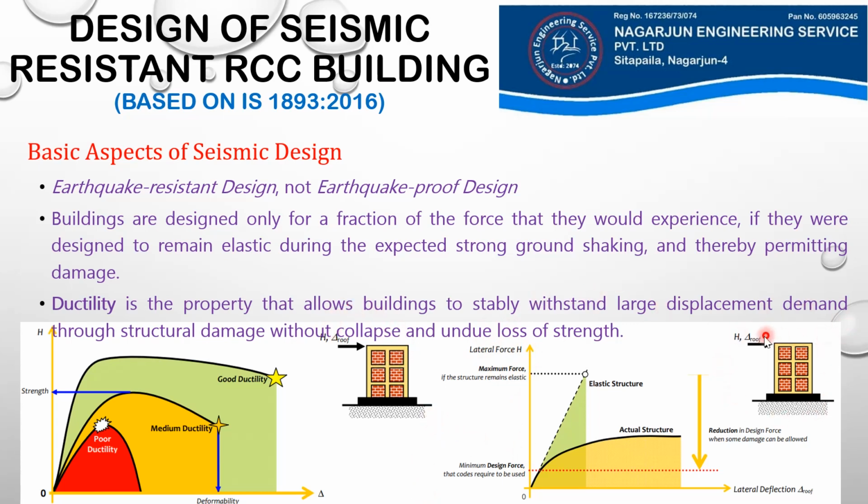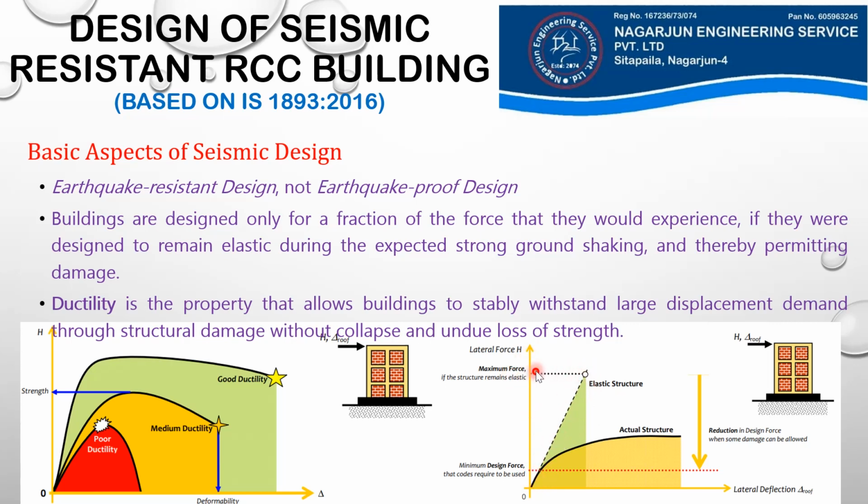We are applying lateral force at the roof of the building, and its displacement is given by delta roof. So if we assume the structure to be elastic during the whole period in which the earthquake force is applied, then this graph tends to have this straight line character.